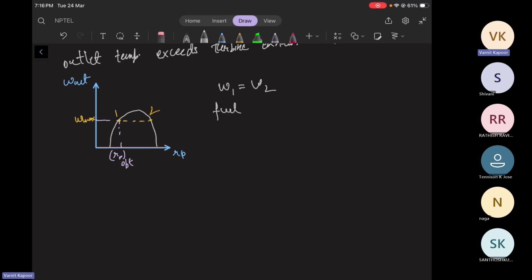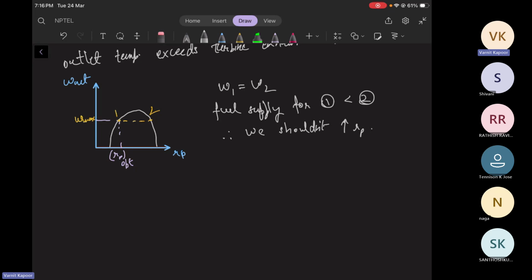Fuel supply for 1 is less than 2. Therefore, we shouldn't increase RP beyond the optimum value to get the work maximum. Okay. I hope this much is clear.